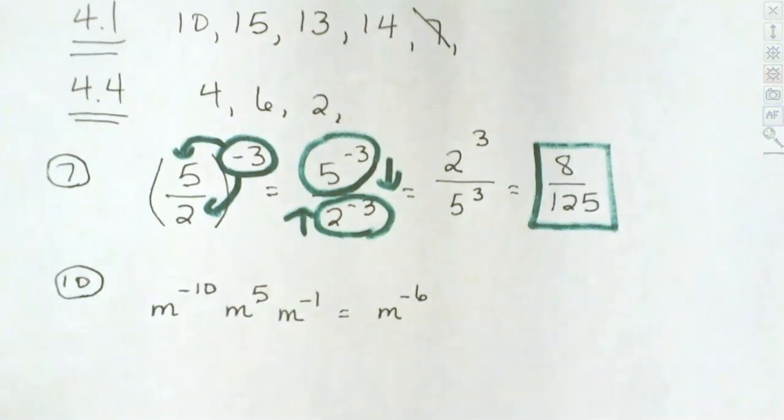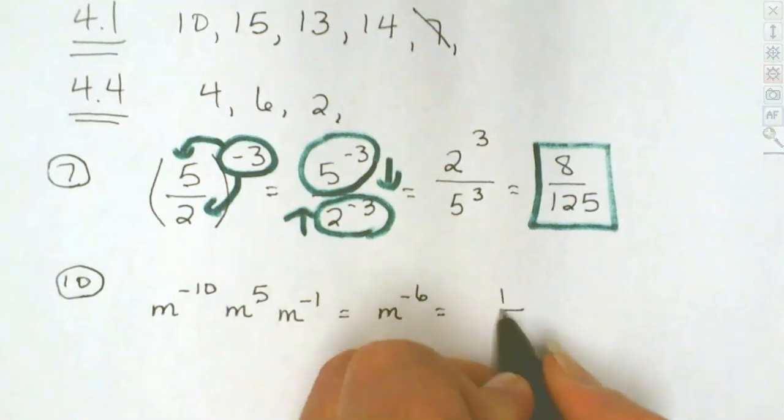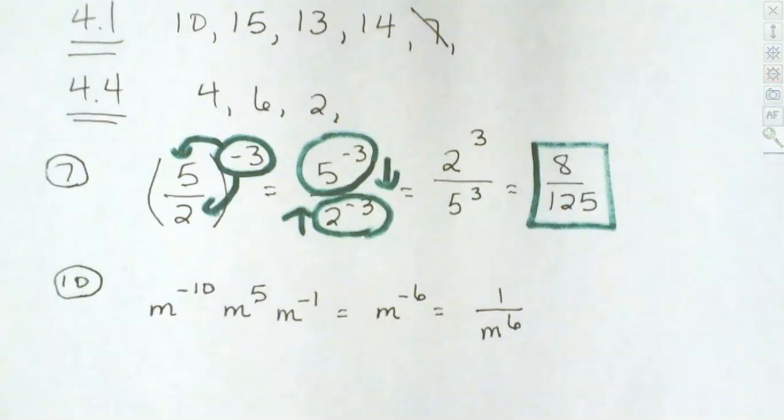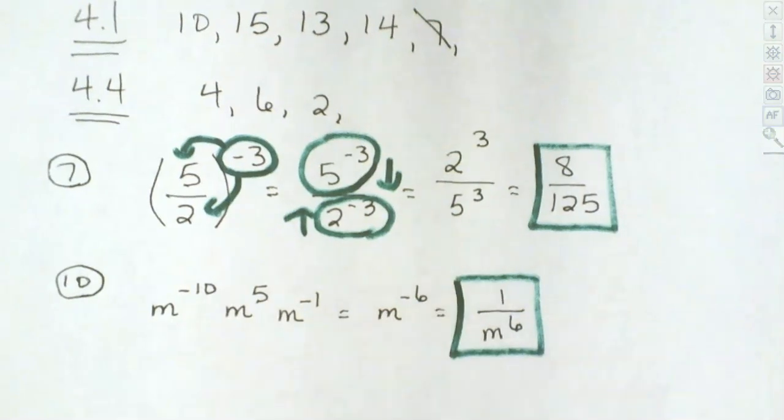No. So what do we do with that? That goes down below, and that becomes 1 over m to the 6th. So do not leave it as a negative exponent. If it's a negative exponent, rewrite it as a fraction. So we just simply added those numbers together for the powers, rewrote it with a positive exponent.